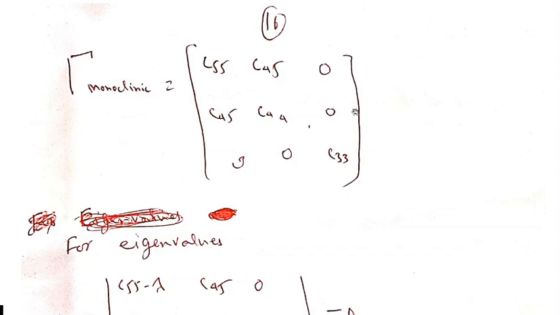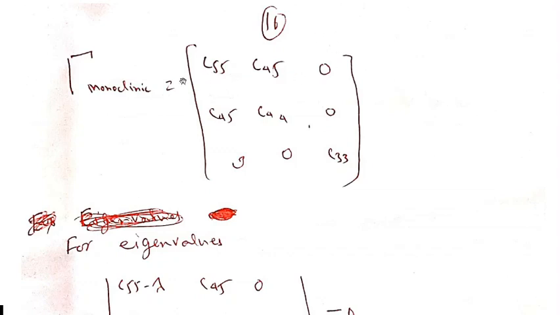Now this is the matrix for the propagation tensor when we have monoclinic material.